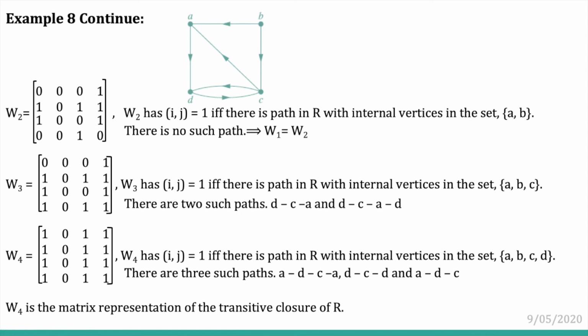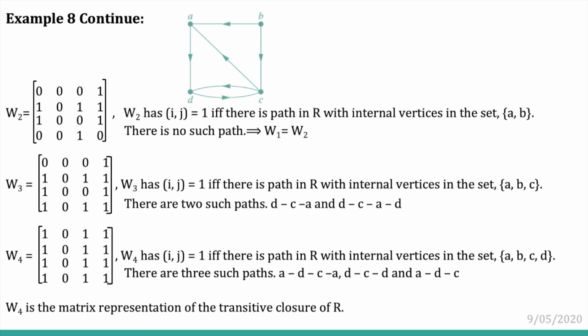In the next 0, 1 intermediate matrix W3, all those ordered pairs which are connected by the path having internal vertices in the set of ABC are represented by 1. So for the same reason explained before, all those ordered pairs which are represented by 1 in W2 are also represented by 1 in W3.